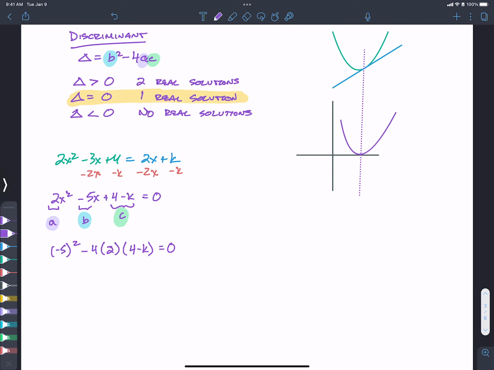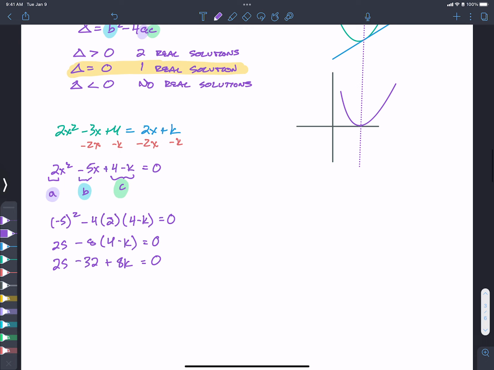So now it's just a matter of doing some computations. 25 minus 8 times 4 minus k, just breaking it down step by step. That's minus 4 times 2. Now I'm going to take this minus 8 and distribute it across here: 25 minus 32 plus 8k equals 0.